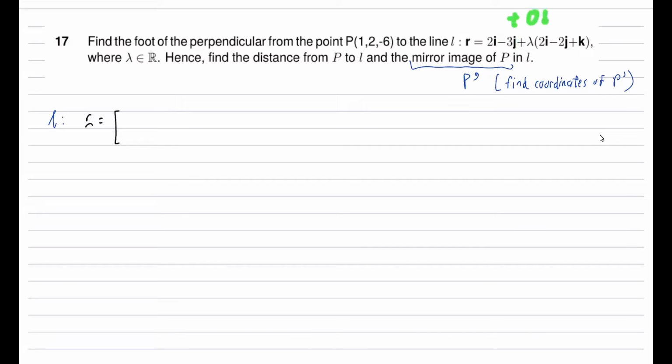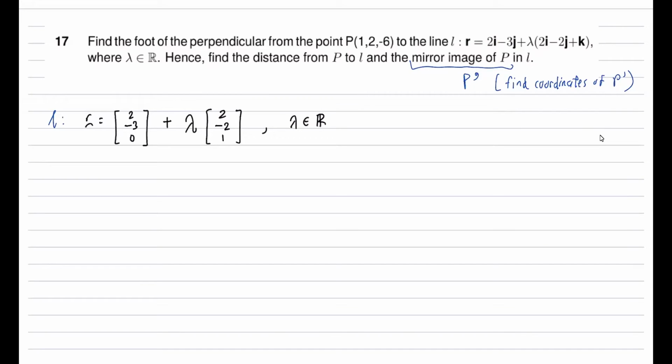It is 0. So (2, -3, 0), that's your point, plus lambda multiplied by (2i minus 2j plus k), so (2, -2, 1). Lambda is an element of the real numbers. Okay, that's your line L.